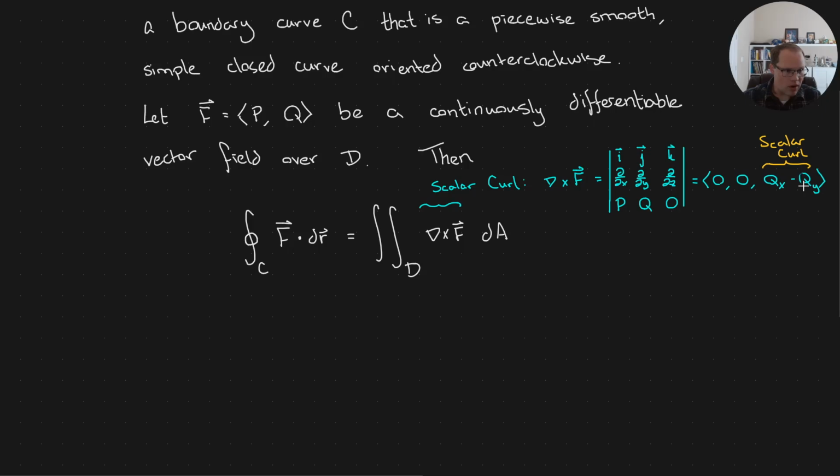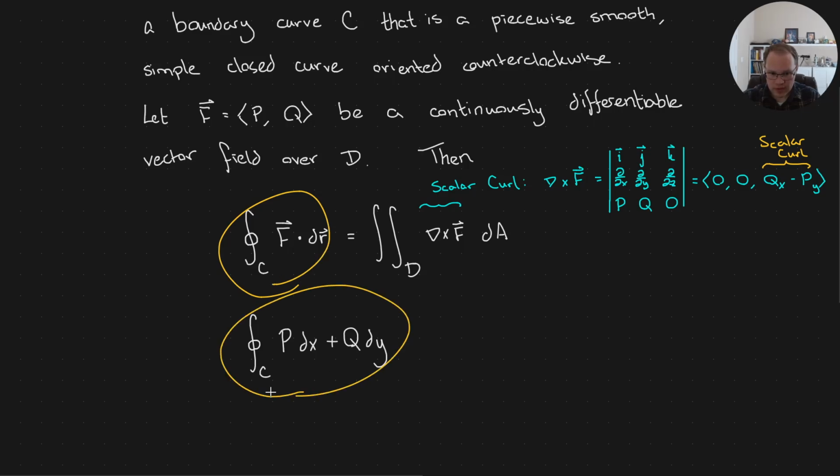And I'm sorry, I've written it wrong. It's Q_x minus P_y. Okay? Partial derivative of Q with respect to x minus partial derivative of P with respect to y. So another way I could write this equality here is the integral of P dx plus Q dy.